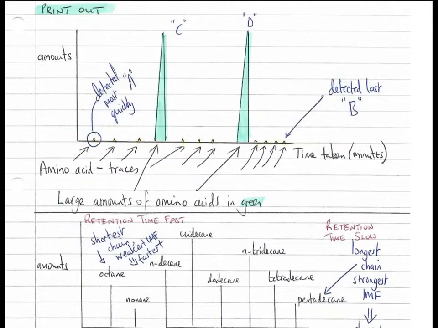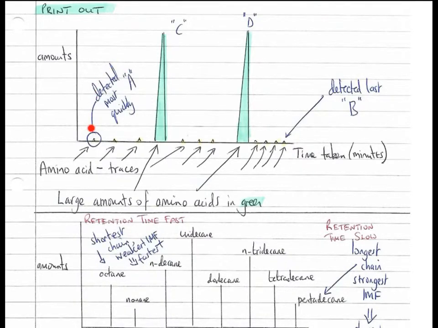We have the amounts of substance on the y-axis, so it tells us how much of each chemical is present in the mixture. Let's say this is a mixture of amino acids. They've been separated. Some amino acids in this sample have a small amount, a trace amount, and then amino acids C and D have the greatest peaks. That means they are the most common in this particular sample.